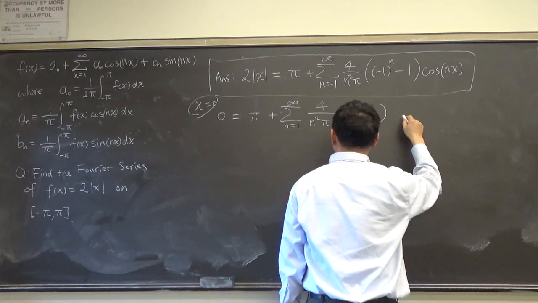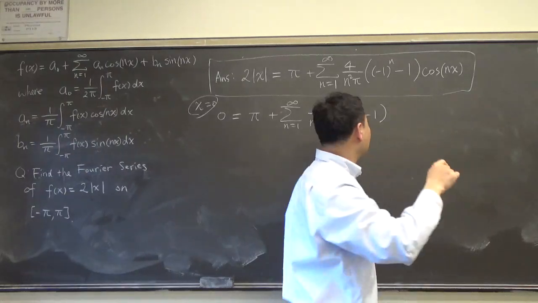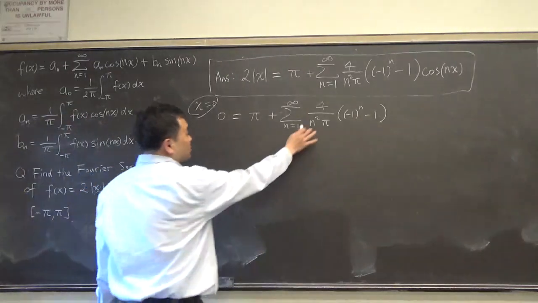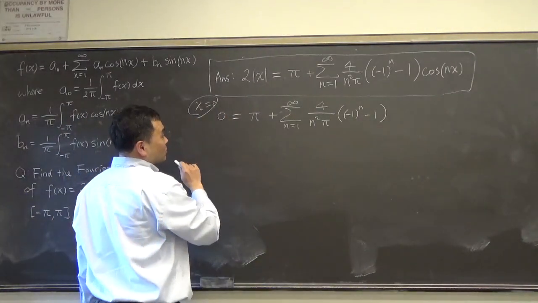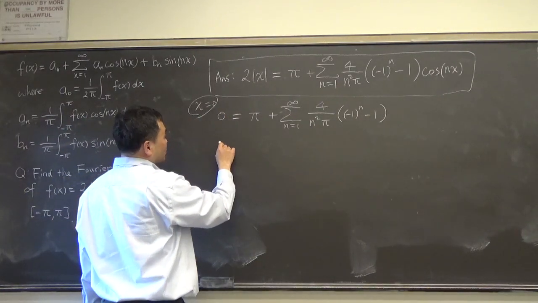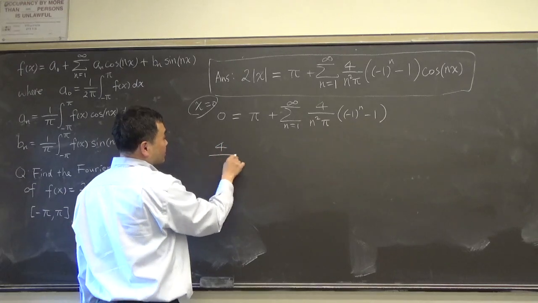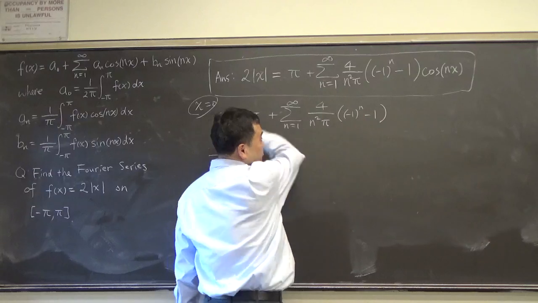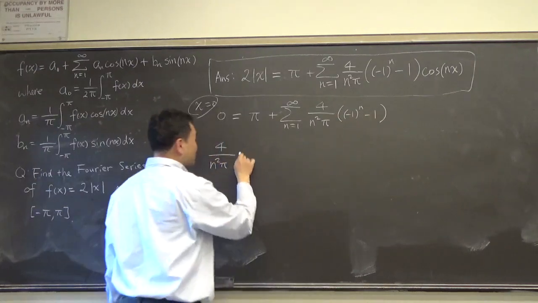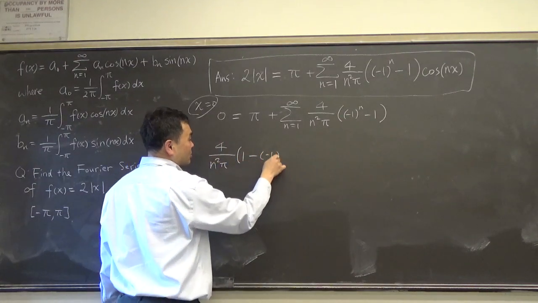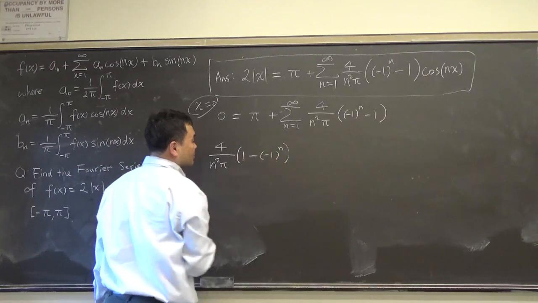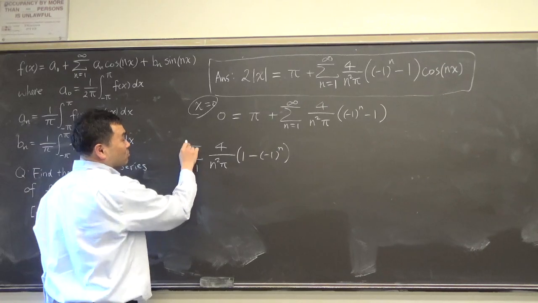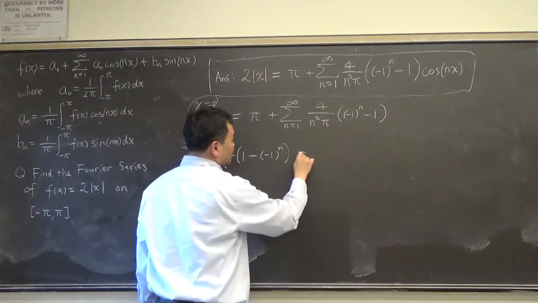Cosine 0 is 1, so that doesn't appear. Let's move this to the left side. Because we're moving it, the signs flip, so we get the sum of 4 over n squared pi times 1 minus negative 1 to the nth power, from n equals 1 through infinity, equal to pi.